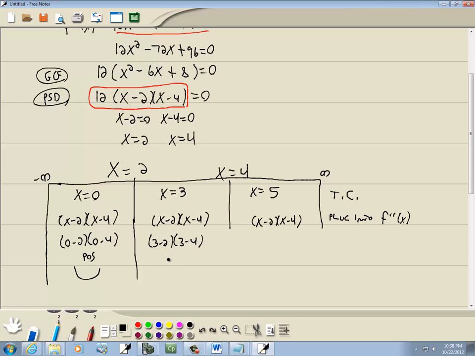Positive times a negative is negative. So this is concave down. Again, we don't care what the value is, we're just trying to see what our sign is going to be. And if I put 5 in, I got 5 minus 2 and 5 minus 4. 5 minus 2 is positive, 5 minus 4 is positive. Positive times a positive is positive, so this is concave up.